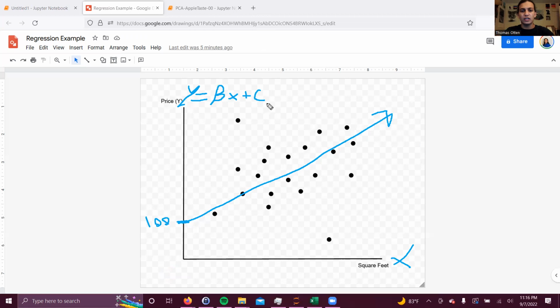But this equation stops being y equals slope of x plus a constant and starts being slope 1 of x1 plus the slope 2 of x2 plus the slope 3 of x3 plus, right?